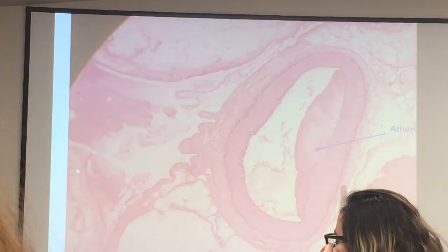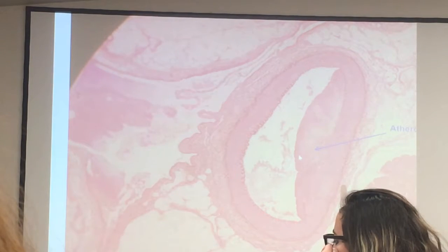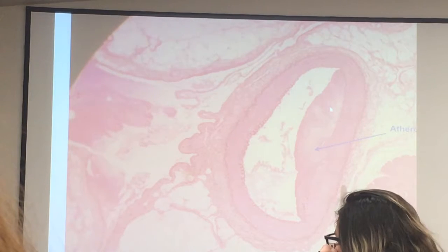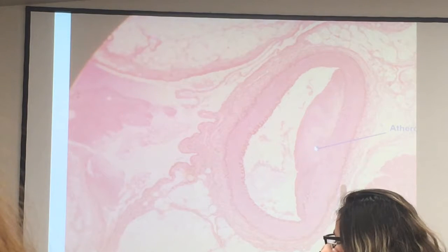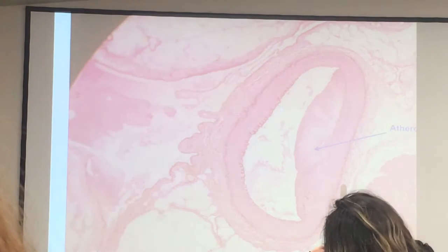I will show you one figure from our slide. This one is a big artery but has some accumulation of what we call plaque and cholesterol. From here you can see the inner elastic membrane has a lot of curves. The center part is the tunica media.